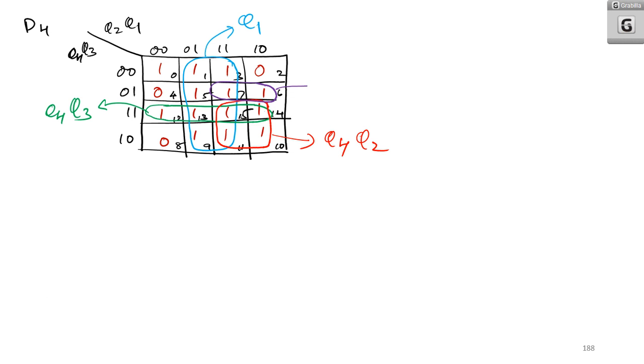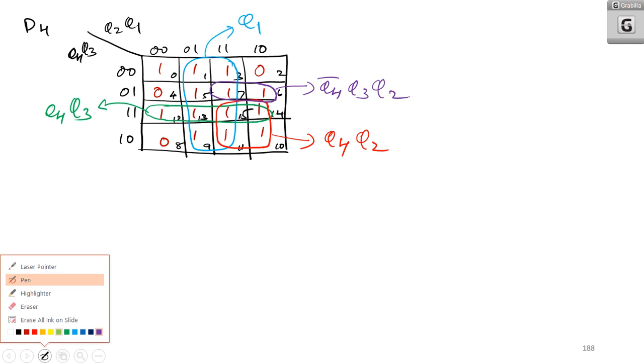So which is common? Q4 bar Q3 is common, and here Q2 is common. Q4 bar Q3 Q2. Now to include the first one in the 0th place, you can club these two.